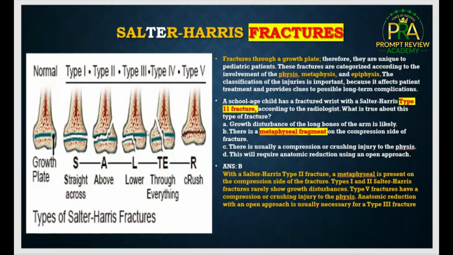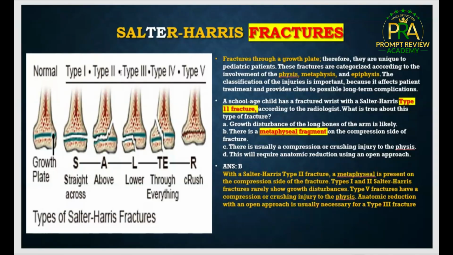So you just need to know, because they can ask you stage 1 or class 1, where is the fracture? Okay, class 2, where is the fracture? For emphasis, it's the same thing we have said. It can happen straight across, it can happen above, it can happen lower. So that is your Salter-Harris fracture.